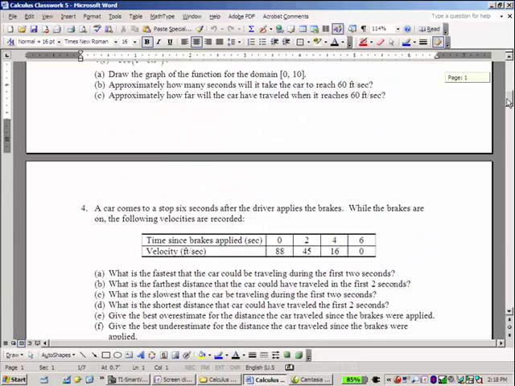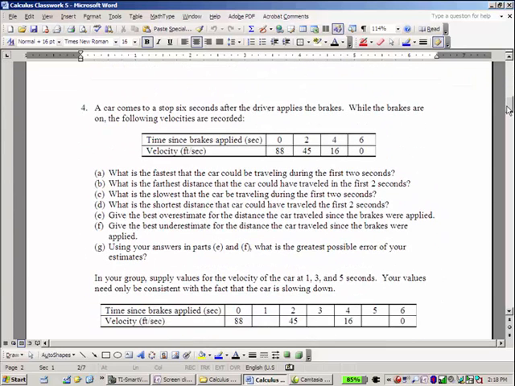Let's go down to 4. All right. Our car comes to a stop 6 seconds after the driver applies the brakes. While the brakes are on, the following velocities are recorded.